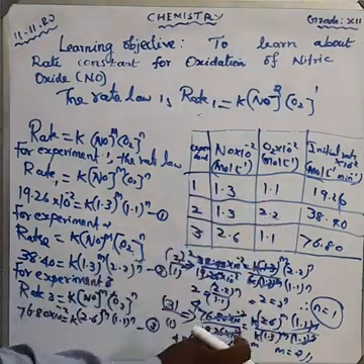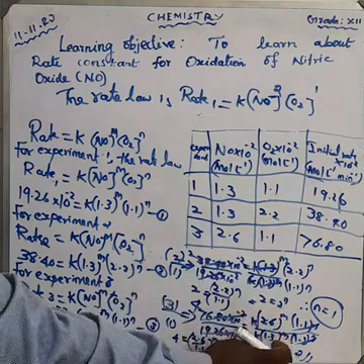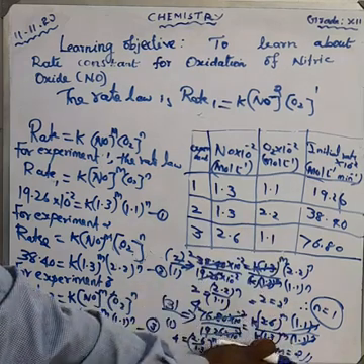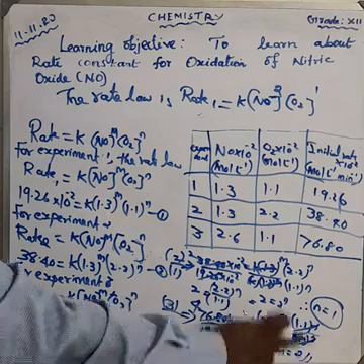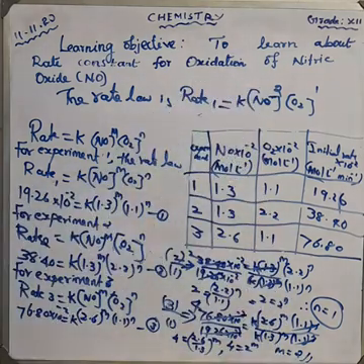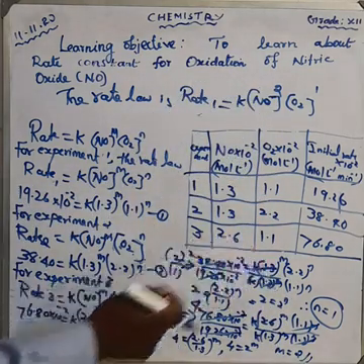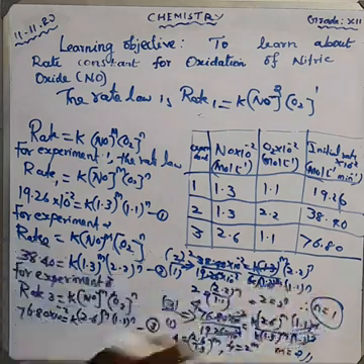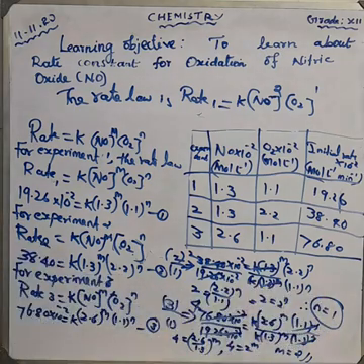The second order with respect to NO means the value m becomes 2, so NO becomes 2, and O2 becomes 1.